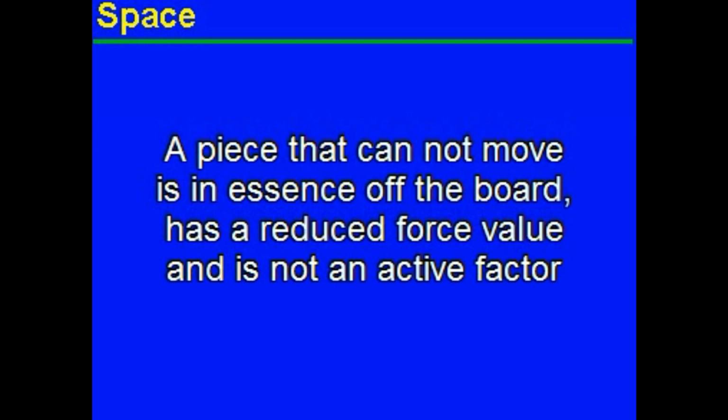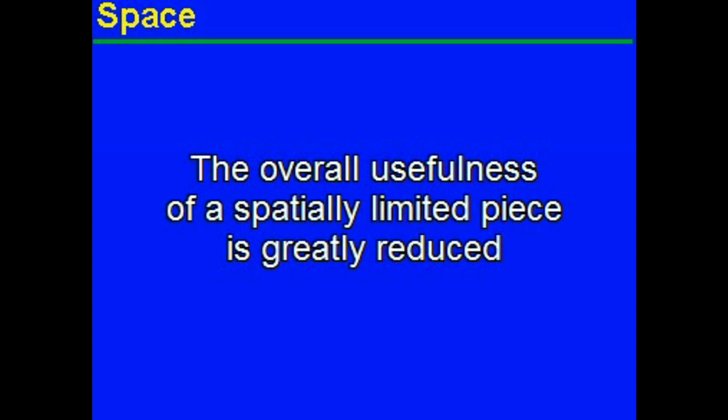A piece that cannot move is in essence off the board, has a reduced force value, and not at all an active factor in the game other than possibly in a defensive manner. Now, defense is important, but by eliminating a piece's offensive capabilities, you reduce its overall usefulness. A simple way of saying this is not to get in your own way.